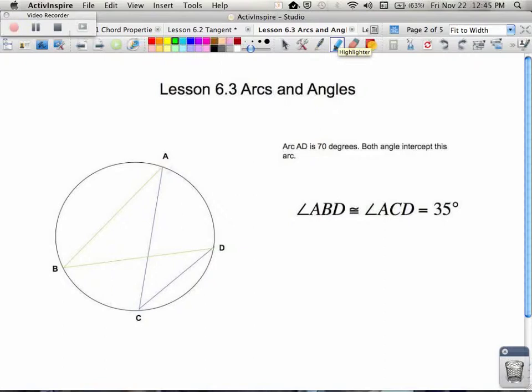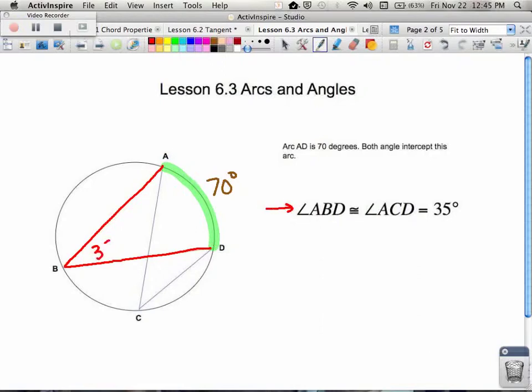So if I were to tell you that I'm looking at arc AD, for example, and you knew that this arc was 70 degrees, then I know that angle ABD in red is going to be 35 degrees because it is half of the intercepted arc.